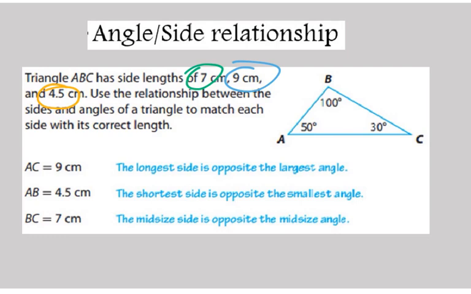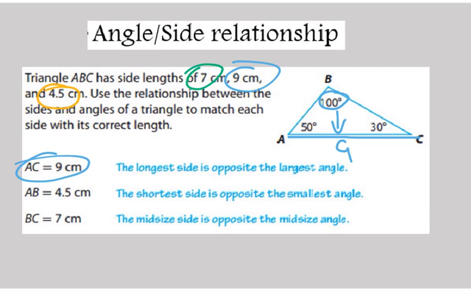So, if we identify the largest angle, which is 100 degrees, we know that it is opposite of the longest side, and based on our side lengths of 7, 9, and 4.5, that would be the 9. I'm sorry, that would be AC, would be the 9. So the length of AC is 9 centimeters.